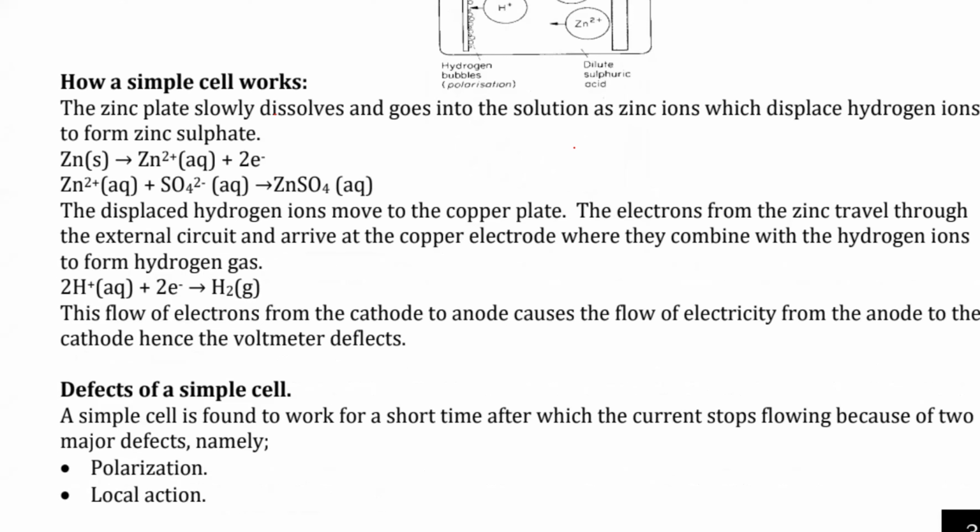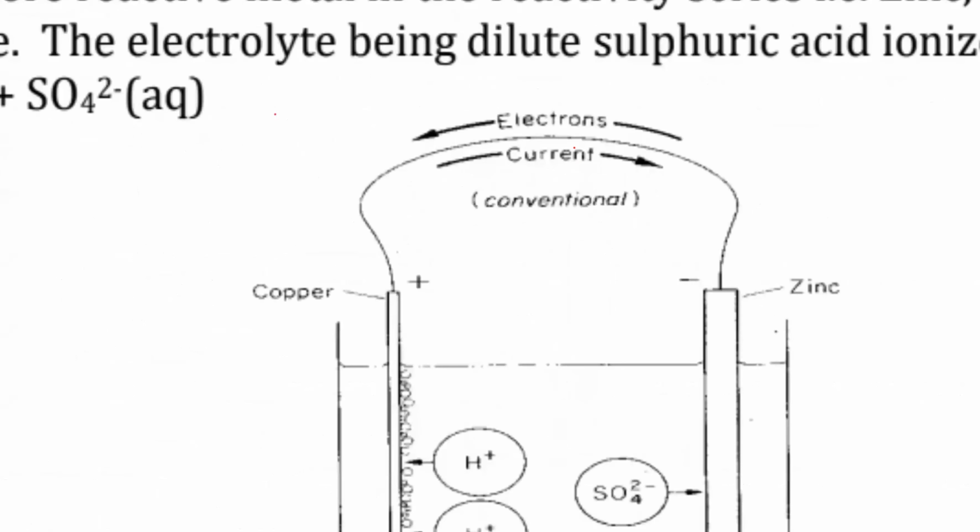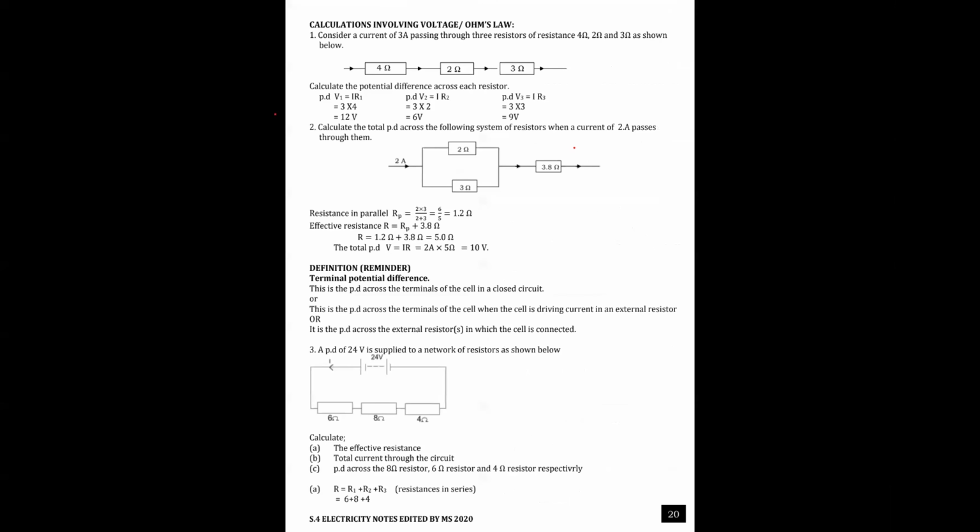But as the electrons flow from the cathode to the anode, it will cause current to flow in the other direction. I think you can see that when electrons were flowing from zinc to copper, current was flowing from copper to zinc. Current is the flow of charge. Charge can either be positive or negative.